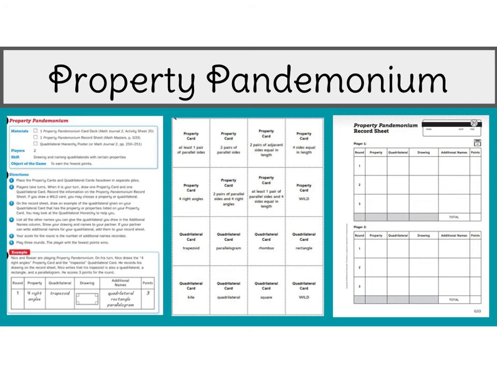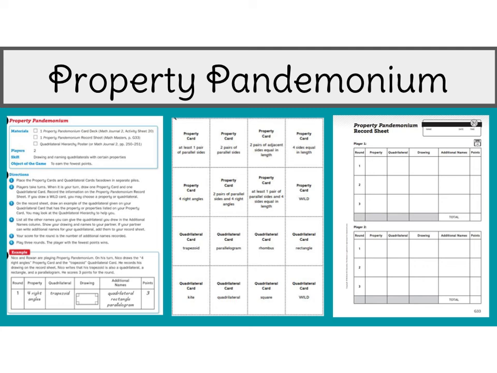So if we look farther down here, it says the record sheet: draw an example of the quadrilateral given on your quadrilateral card that has the property or properties listed on your property card. You may look at the quadrilateral hierarchy to help you.